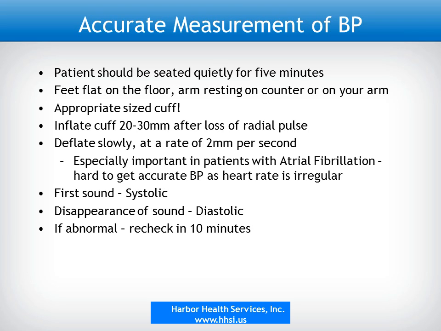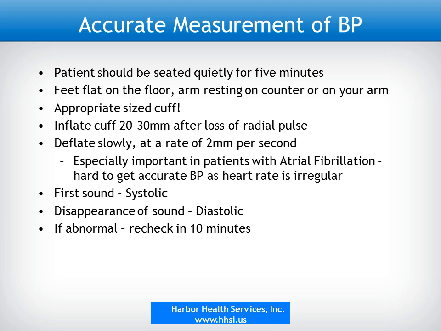You want to inflate the cuff 20 to 30 millimeters after the loss of the radial pulse. So you can palpate the radial pulse, start pumping up the cuff, and after you lose the radial pulse, then you want to pump it up another 20 or 30 millimeters. You want to deflate very slowly at a rate of about 2 millimeters per second. This is especially important in patients with irregular heartbeats like atrial fibrillation, because you're not getting the methodical beating.